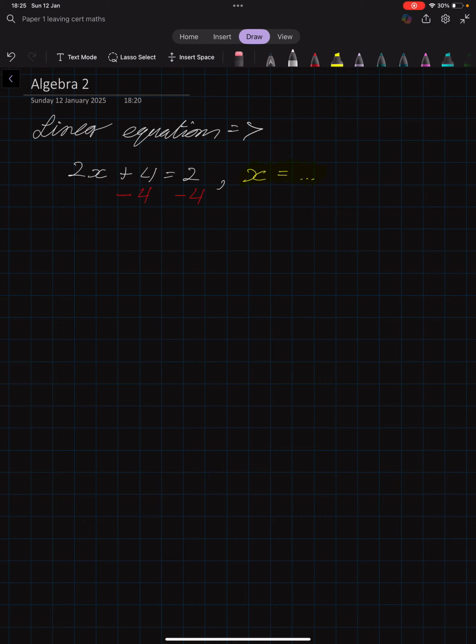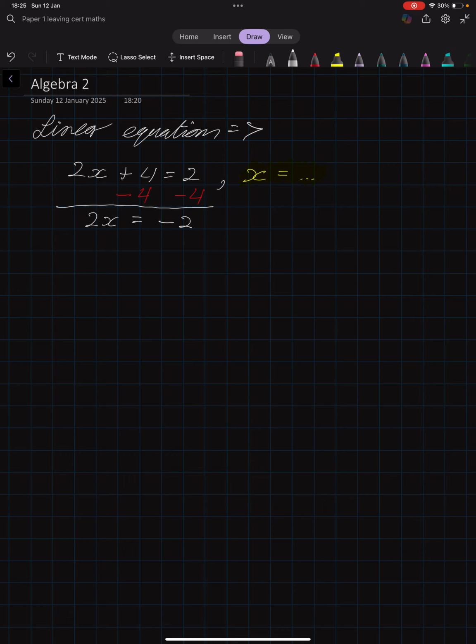This is the idea. So now I'll get 2x equals minus 2.